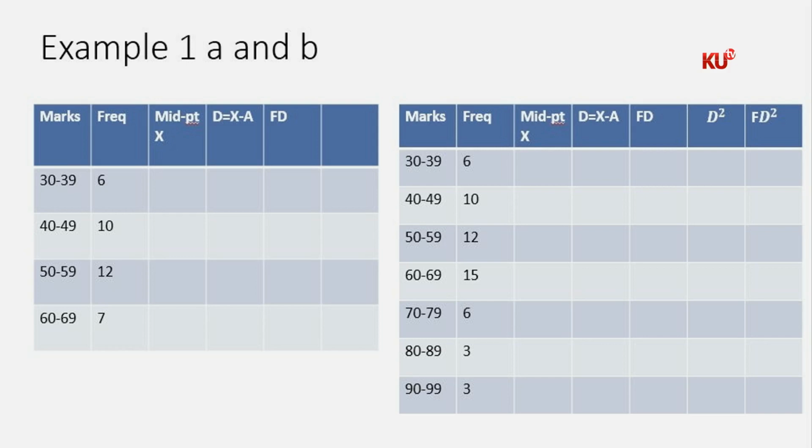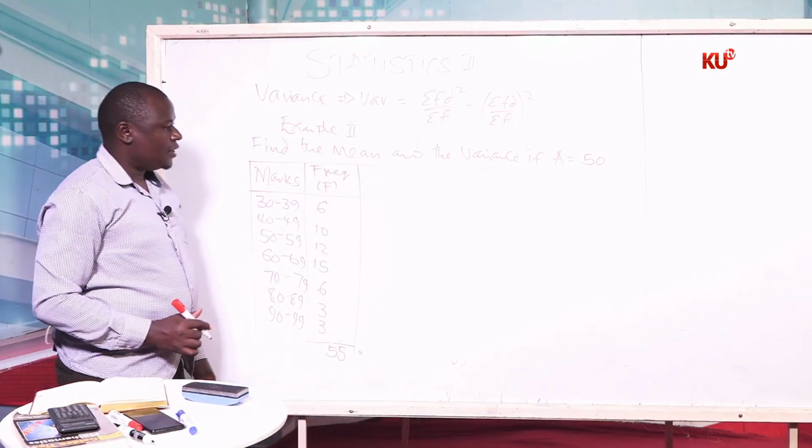Now, this is a different class and it has more students. The frequency, which we normally write as F, is as follows, as shown in the screen: 6, 10, 12, 15, 6, 3, 3. And you get the sum of this frequency, you notice it is 55. The students were 55. All right.